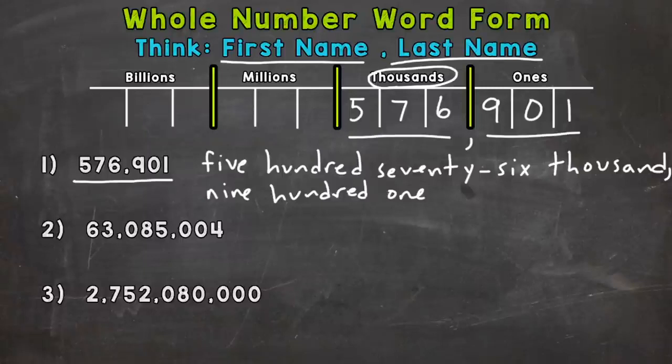All right, so on to number 2, where we start with this section here. So think first name, last name. Read it as is. And we have a 63. Now, last name is the period in which that 63 is sitting, and it's sitting in the millions.